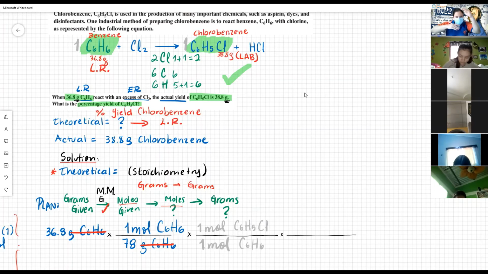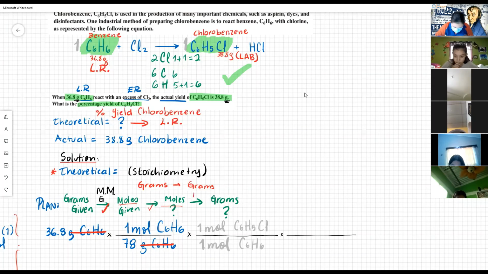Okay, the molar ratio is 1 against 1. Once you do the mole to mole conversion, it's missing moles unknown to grams unknown.